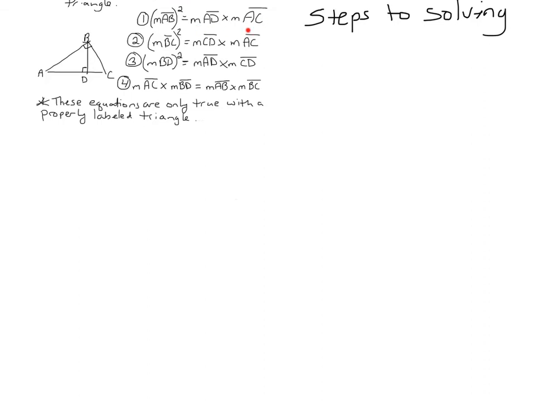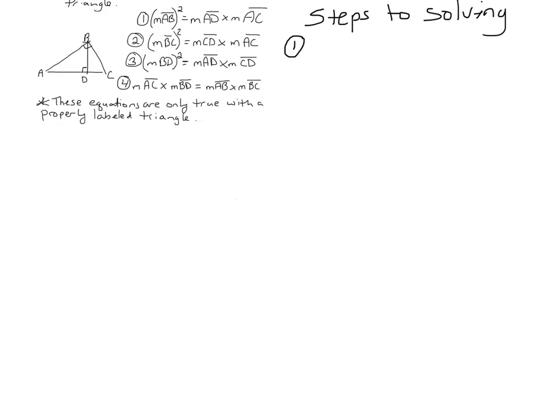You all know how to multiply. You all know how to take the square root. You have to divide too. So if you can multiply, divide, take the square root, and square things, you can use these 4 formulas. And anybody can look at a triangle that's labeled and say, okay, I have this and I have this and I want to find this. Okay. So the steps are fairly easy, but the first one is the most important.